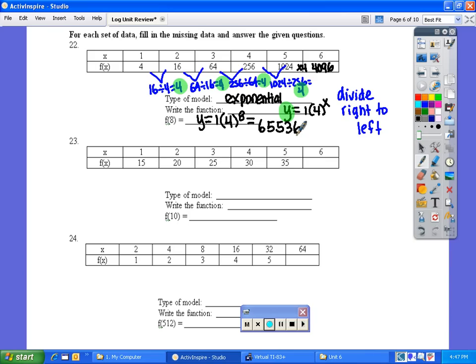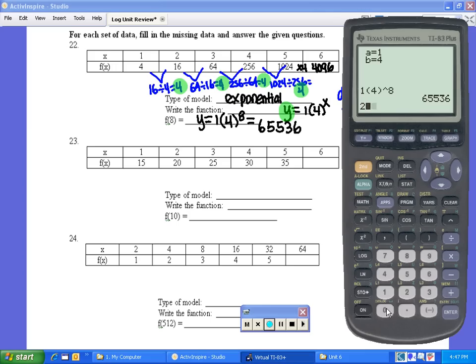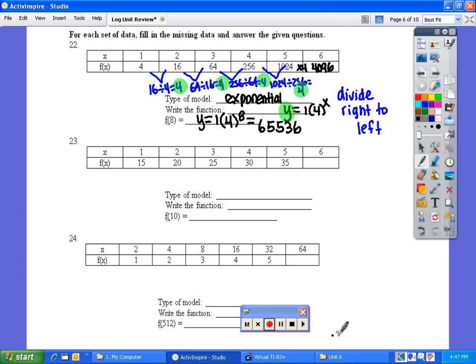So that's how you can tell if it's exponential. Now, if I decide to check the next one, I can do 20 divided by 15, which is 1.333. 25 divided by 20 is 1.25. So number 23 cannot possibly be exponential. Because it cannot be exponential, I am going to subtract.